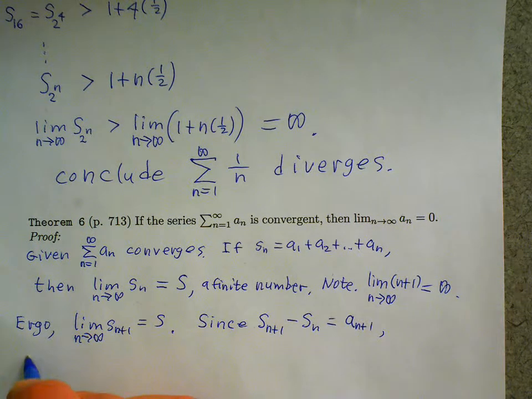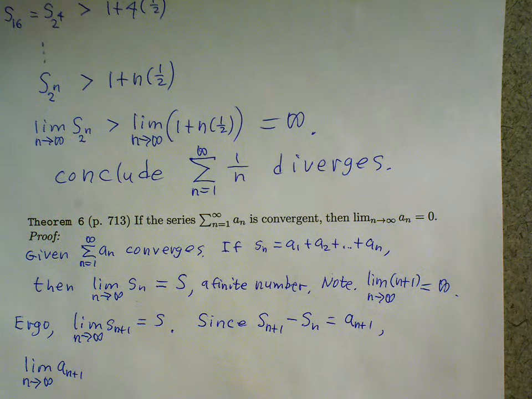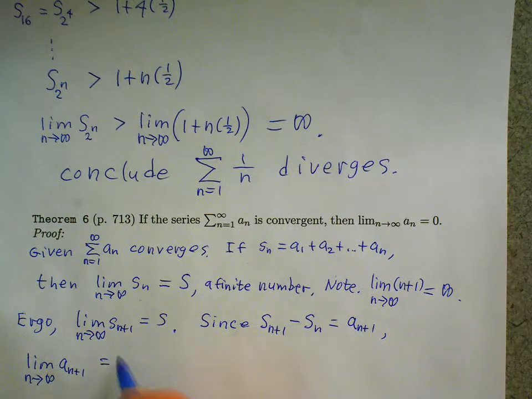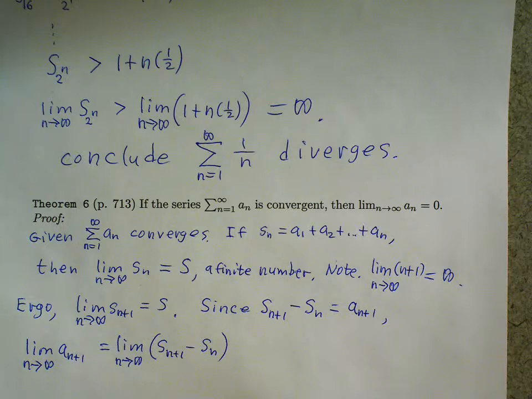Then we can say the limit as n approaches infinity of a sub n plus 1 is equal to the limit as n approaches infinity of s sub n plus 1 minus s sub n. Now what? Remember the properties of limits that we went over.